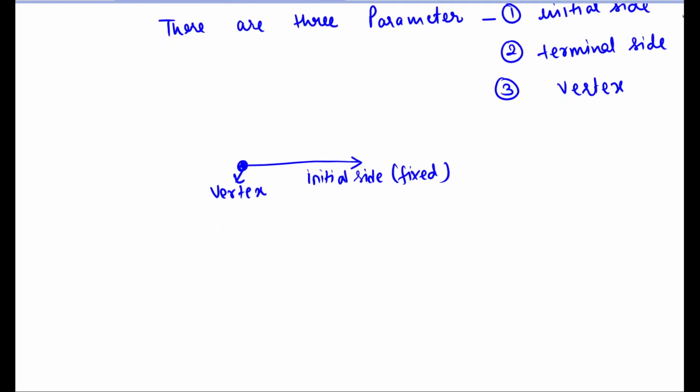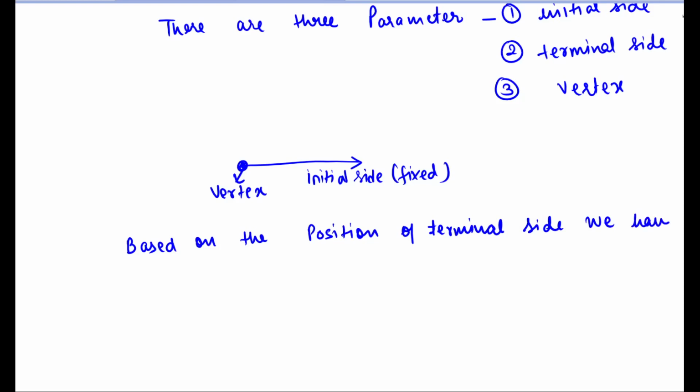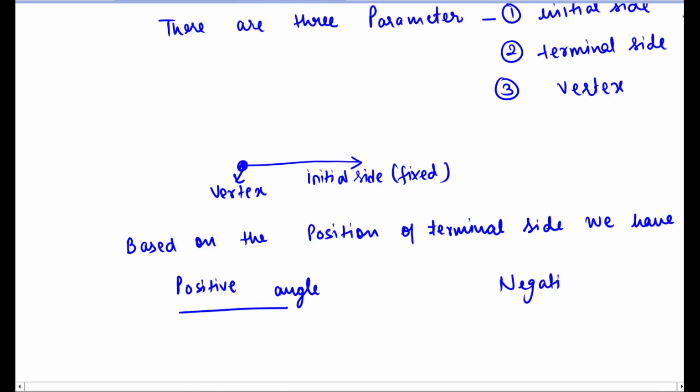So based on the terminal side, we have two types of angle: positive angle and negative angle, based on the position of the terminal side.